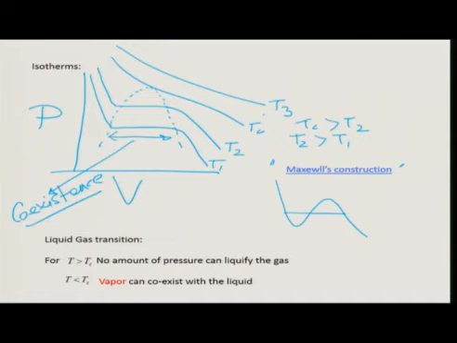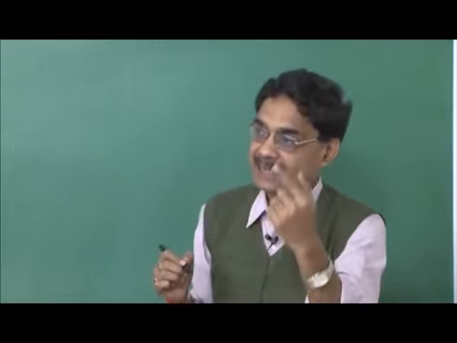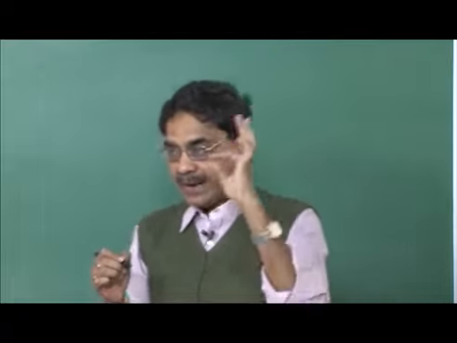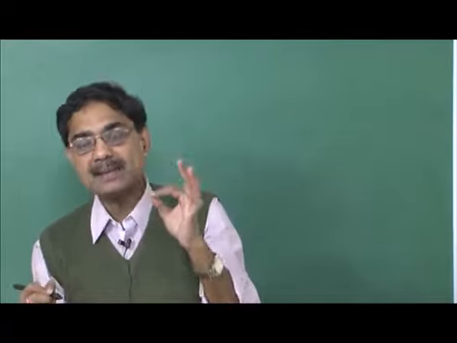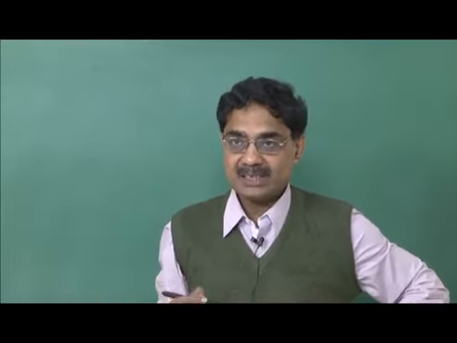It is always in the gaseous state. So, liquefaction of a gas by application of pressure is not possible if I am at a temperature which exceeds the critical temperature.